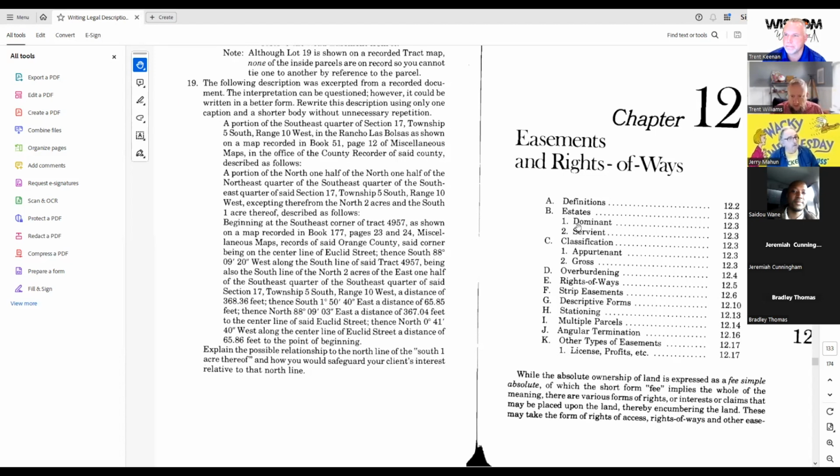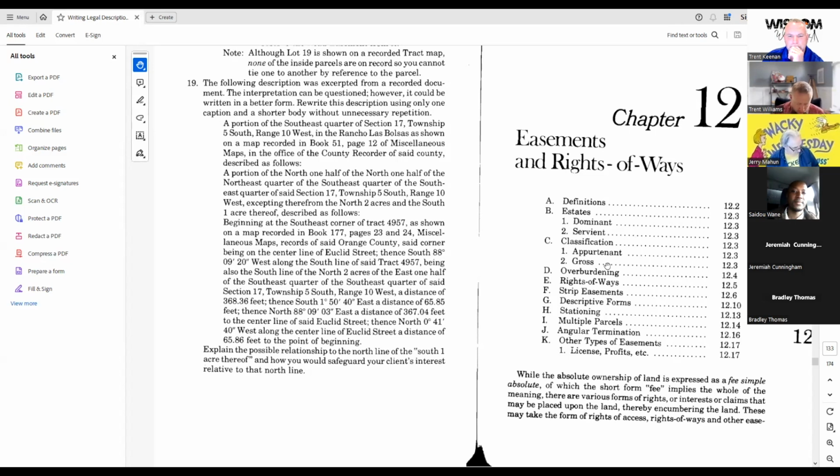I'll just read through this to give clarity to why this is its own chapter. He says, while the absolute ownership of land is expressed as a fee simple absolute, of which the short form fee implies the whole of the meaning, there are various forms of rights or interests or claims that may be placed upon the land, thereby encumbering the land.